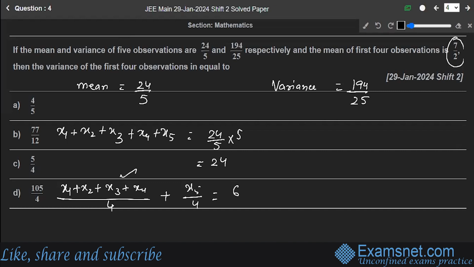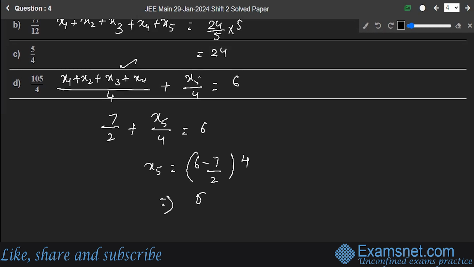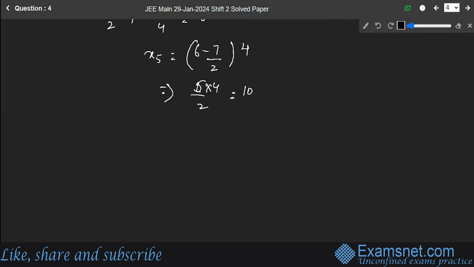Now this is given to you as 7 by 2 plus x5 upon 4 is equal to this. This gives you x5 is equal to this multiplied by 4. 12 minus 7, that's 5 into this upon this. This is equal to 10. So here the 5th term came out to be 10.